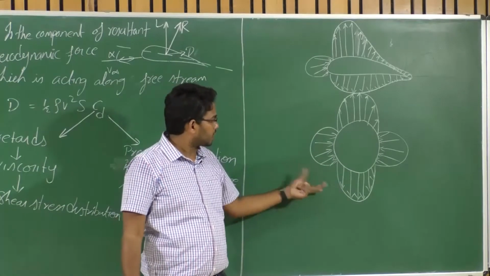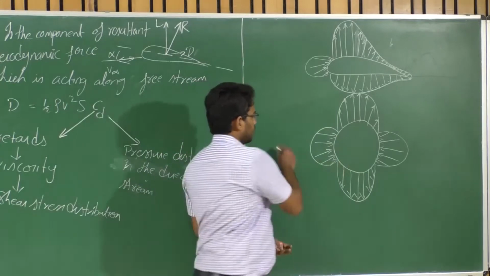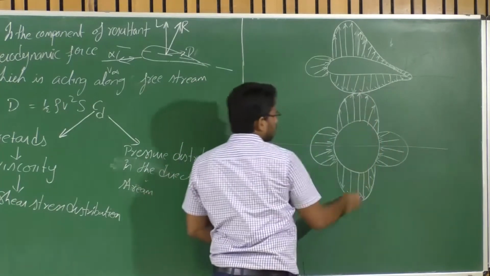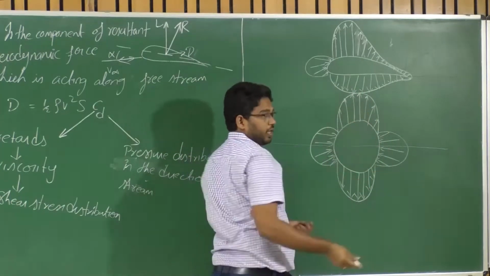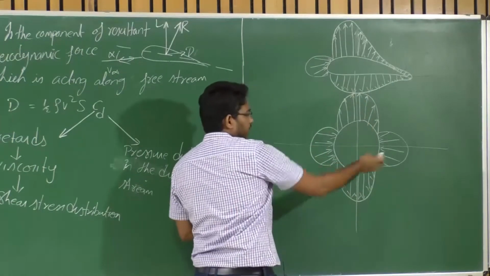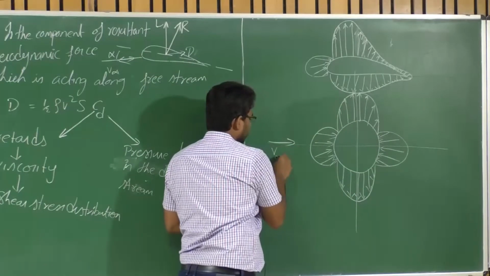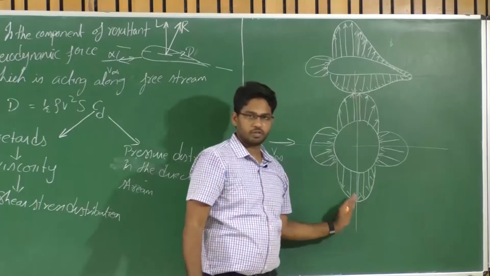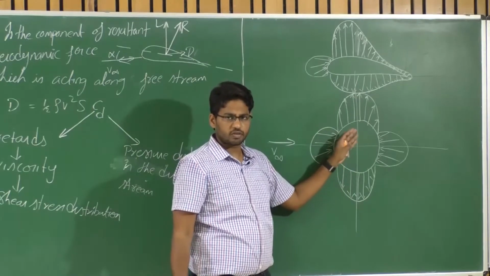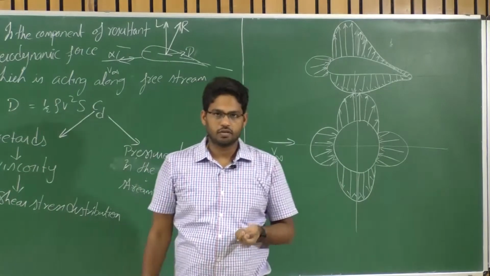Isn't it? So the distribution on top and bottom is the same. In the case of ideal flow theory, in the direction of flow, the distribution of pressure is also symmetric about this object along the free stream. So this will not create any drag on the object.